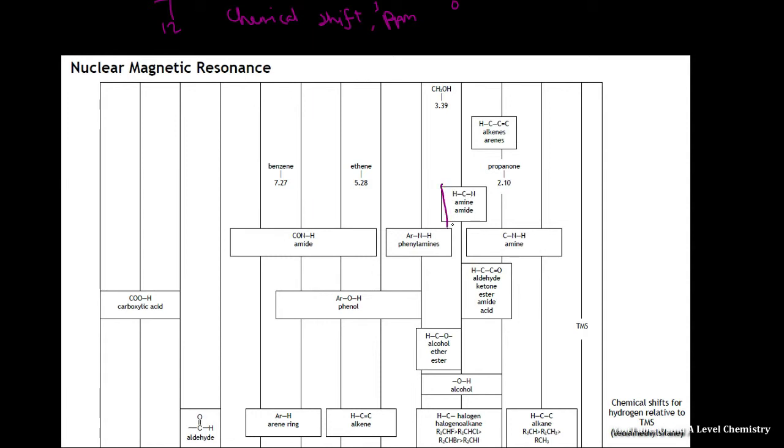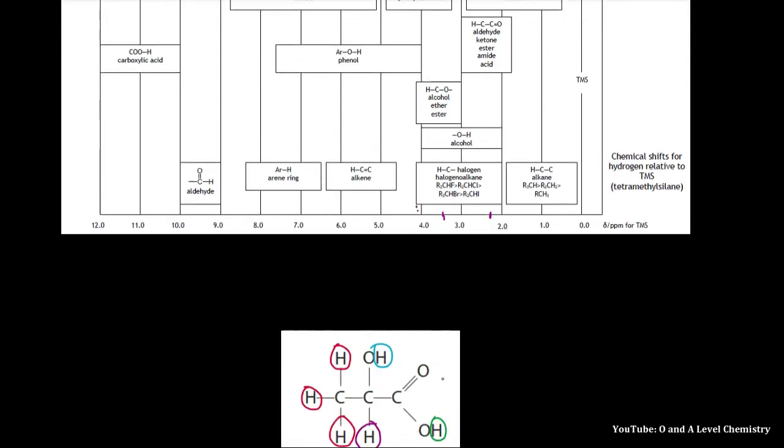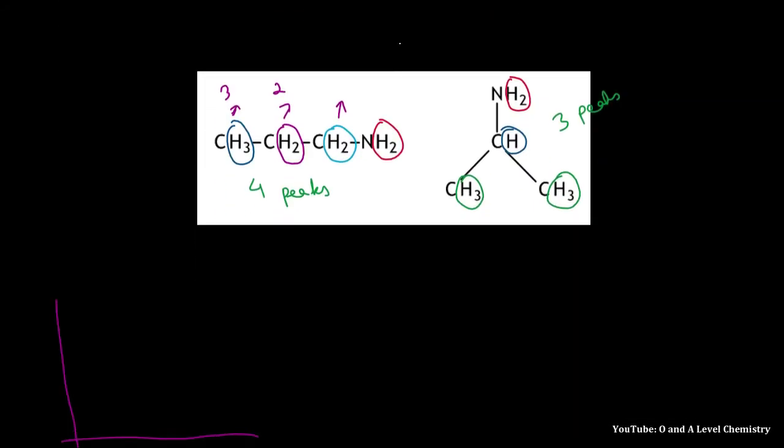So this is going to have a different range, say around 2.4 to 3.5. So this one is going to have a different chemical shift from 2.4 to 3.5, and its height is going to be 2.